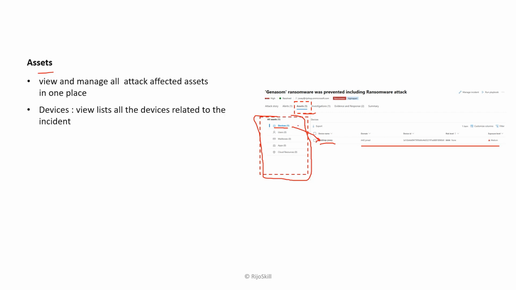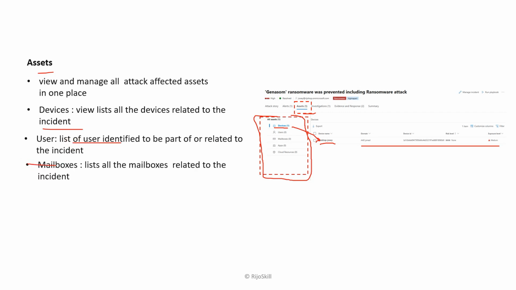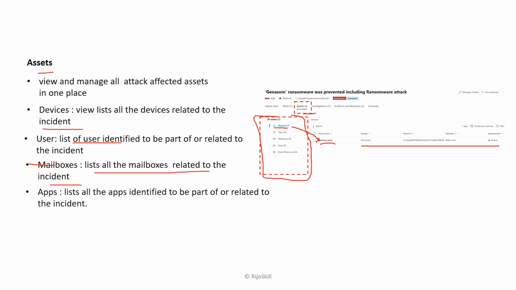You can view the list of devices related to the incident, the list of users identified as part of the incident, the mailboxes related to the incident, and the apps identified as part of the incident. So you can get all the information about the assets affected by the incident.